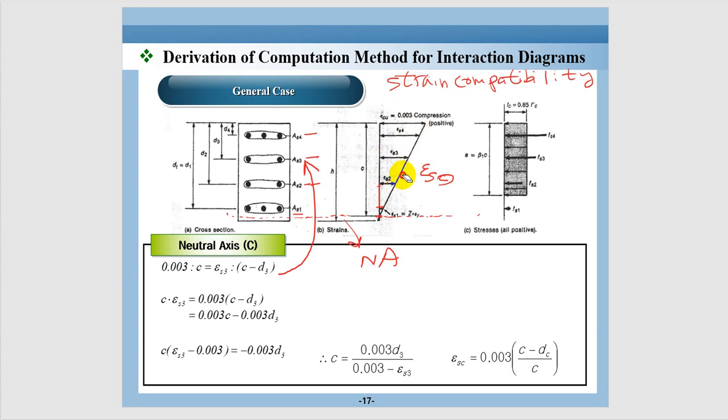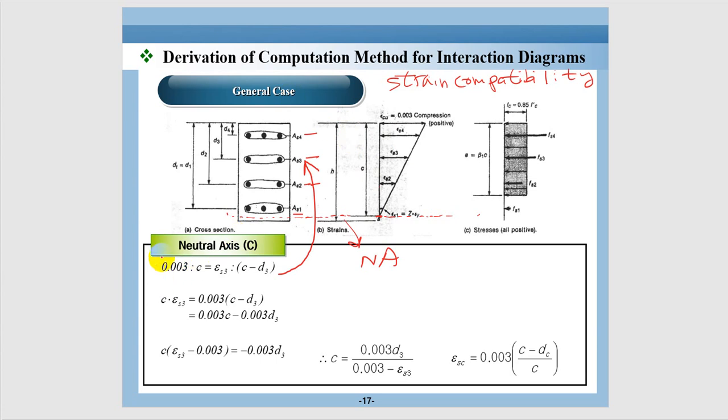This is quite a straightforward process, so that you have similar triangles. For example, this triangle and this triangle are similar. So what you can do is establish equations. This versus this is equal to this versus this. This is the principle of similar triangles.